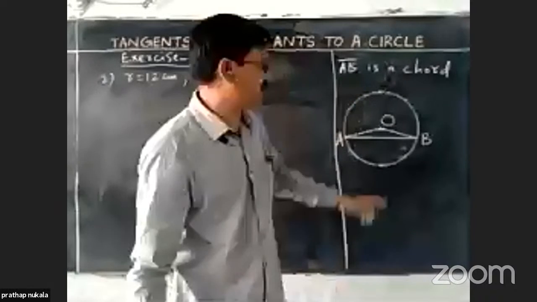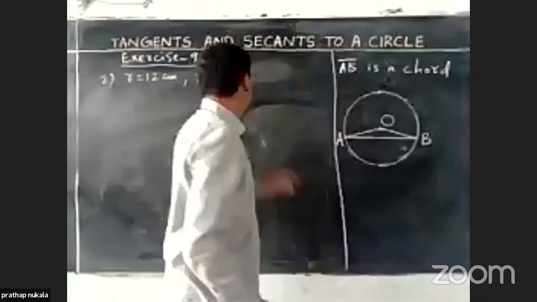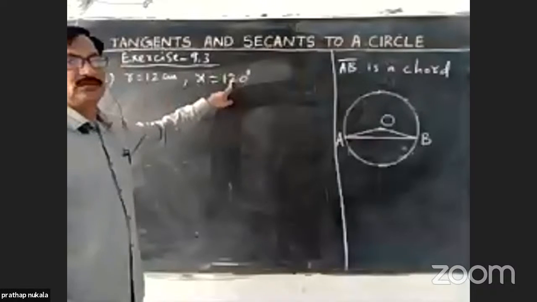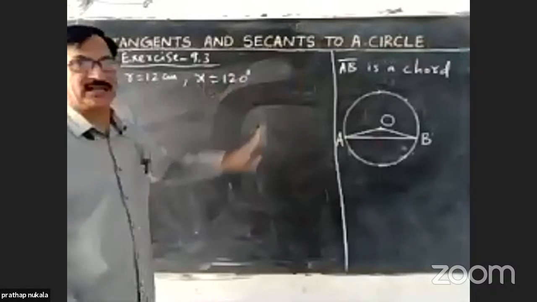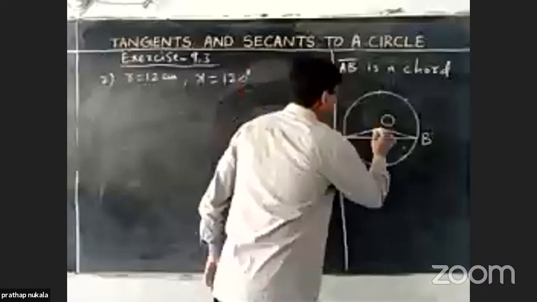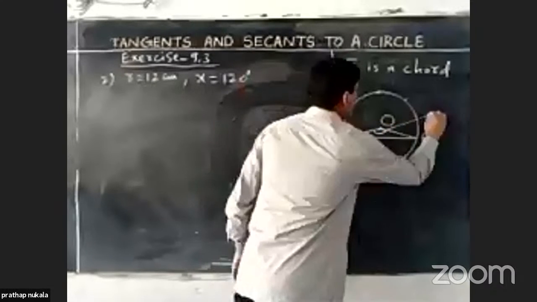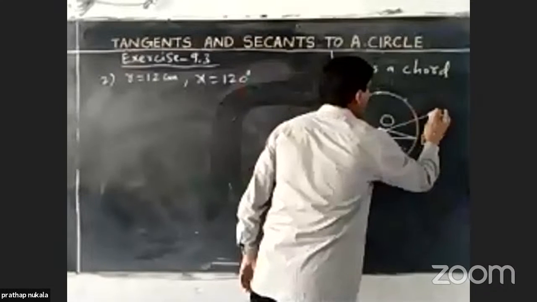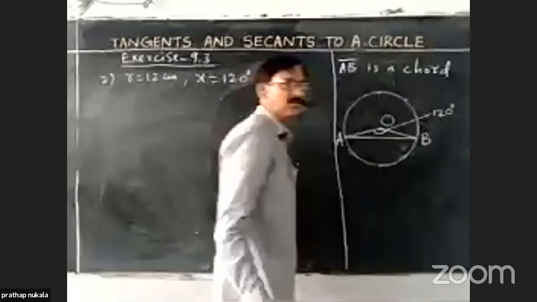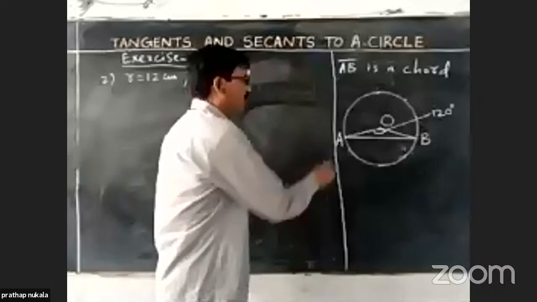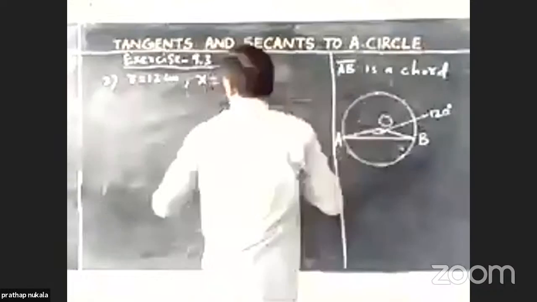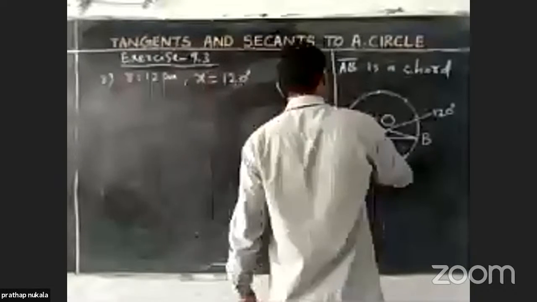AB is a chord. AB subtends 120 degrees at the center. Means this angle is 120 degrees. AB is a chord. OA and OB are radii, that is given as 12 centimeters.